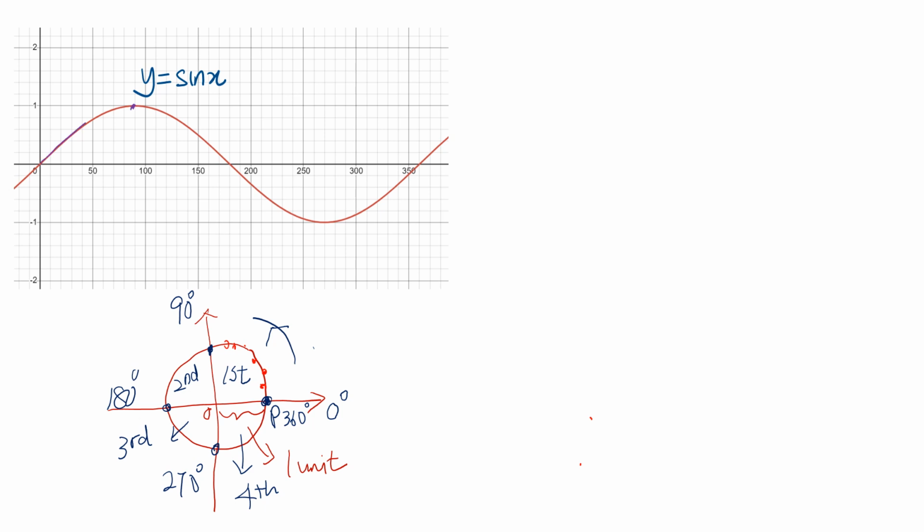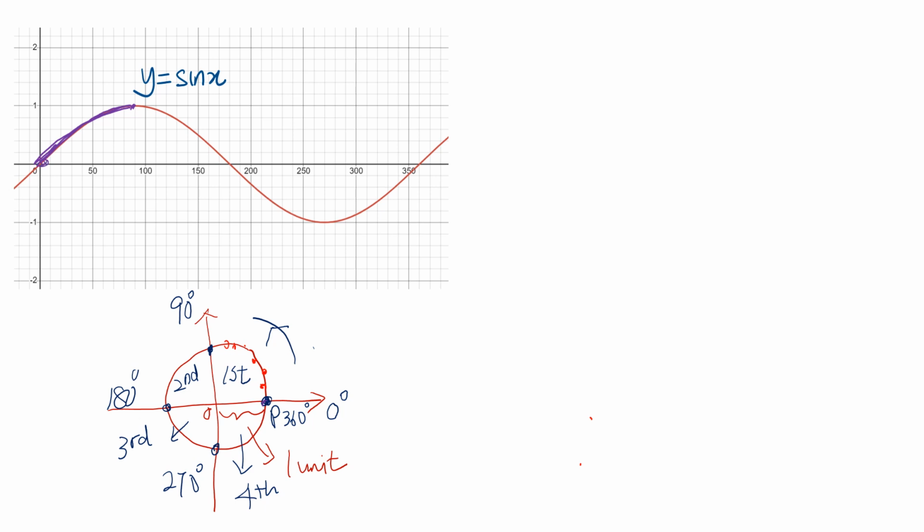What it's trying to say is that sine 0, when you start from this point here, is when your angle is 0 degrees. If you use a calculator, sine 0 gives you 0. So that explains this point here.